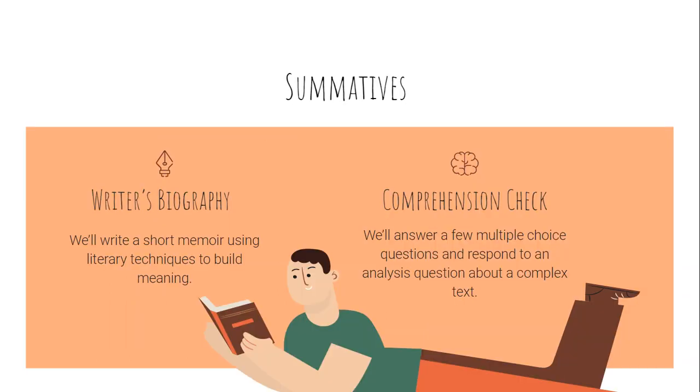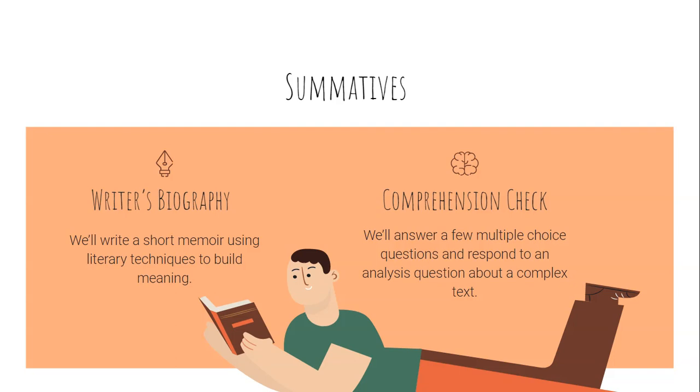Now, during this unit, your big summatives, you'll have one full summative, but it's going to be dissected into two parts. So half of your summative will be based on a short 1 to 1.5 page writer's biography that you write for me, and you're going to be practicing using these literary techniques, making your own choices as an author.